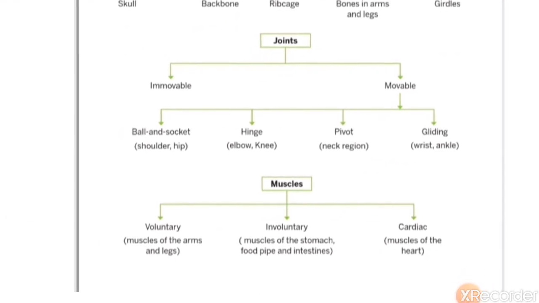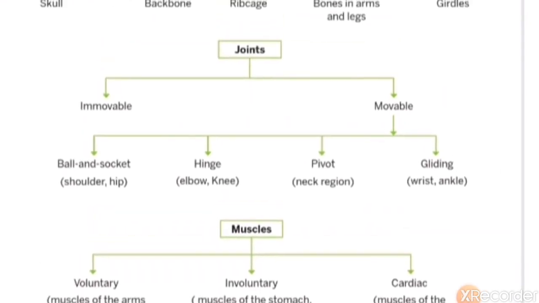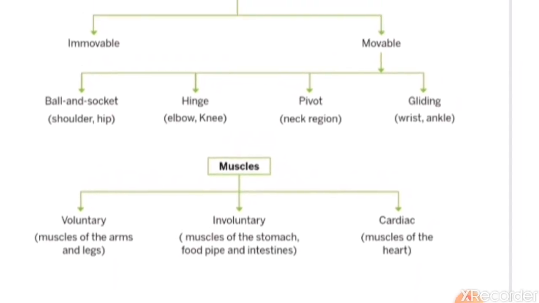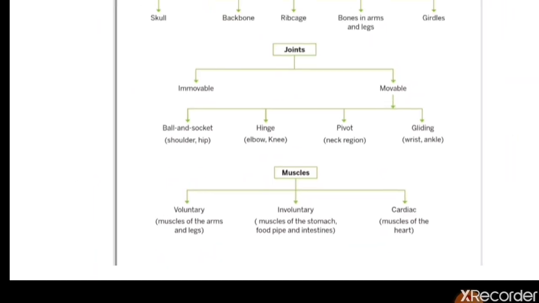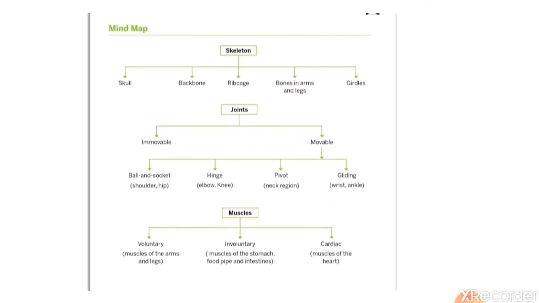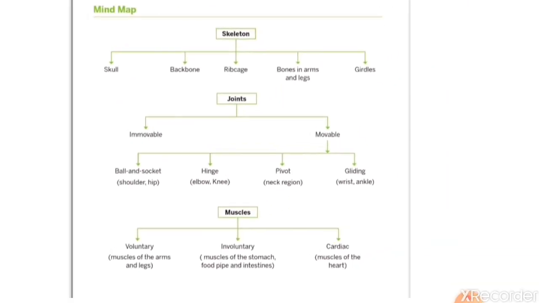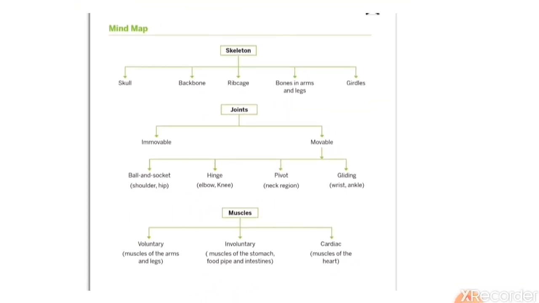The next mind map in that web chart is given of joints. Okay, and third it is given of muscles. So in short, with the help of this web chart, you can understand and you can remember the different parts of the skeletal system. Okay, let's see one by one about this.